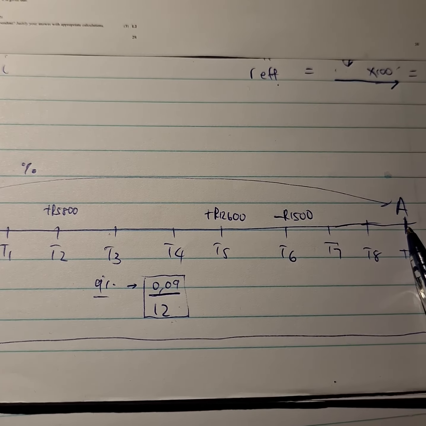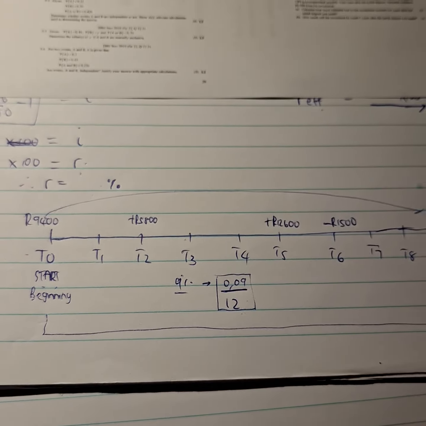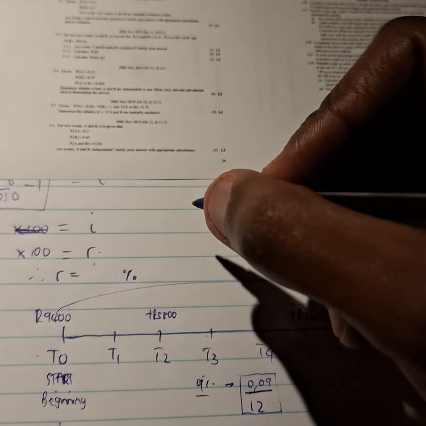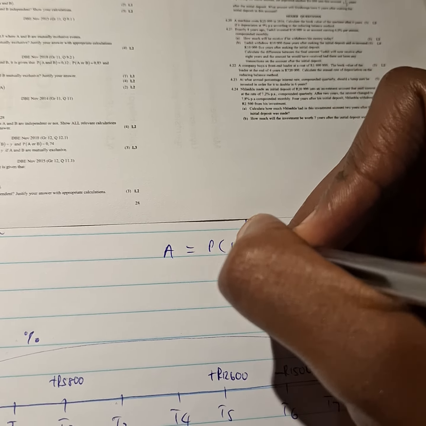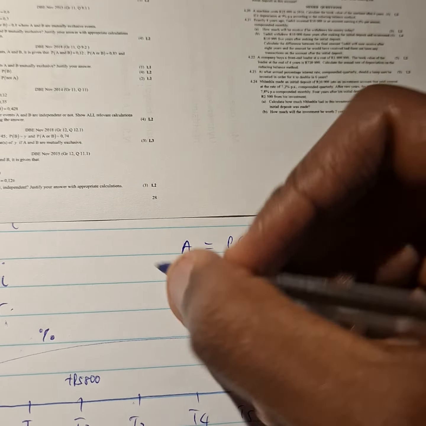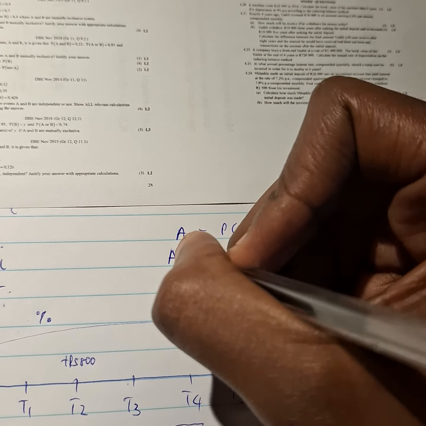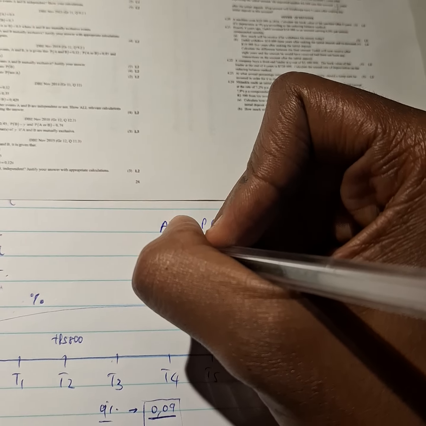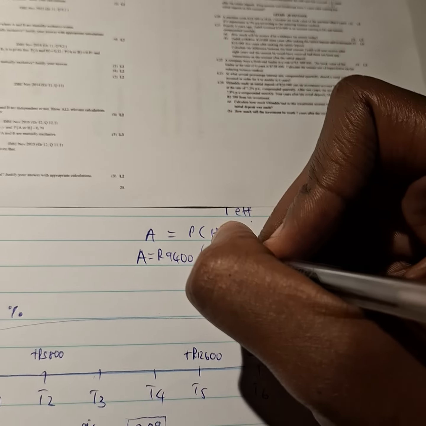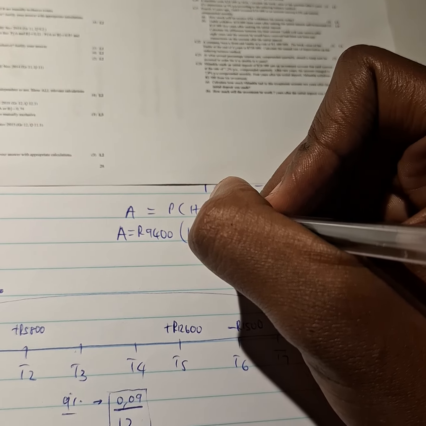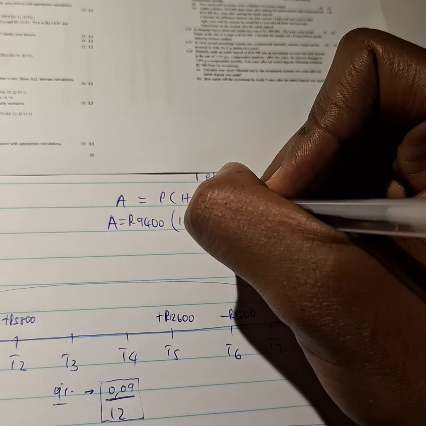For 9 years. That's how long the 9,400 is going to be enjoying the interest rate. So if I write our formula, we are going to do this. We have 9,400. We open a bracket, 1 plus i, the interest rate, which is 0.09.